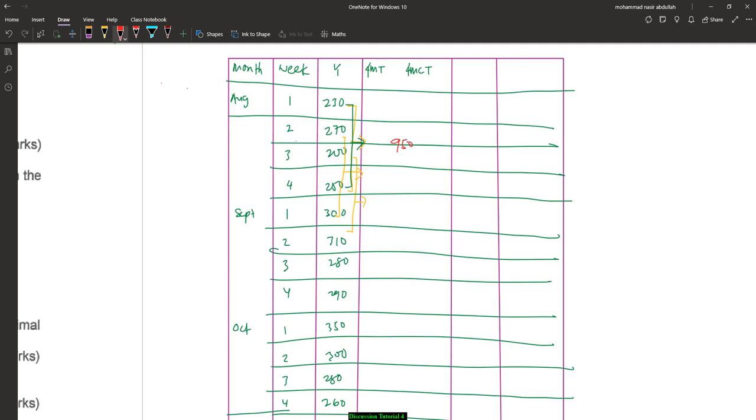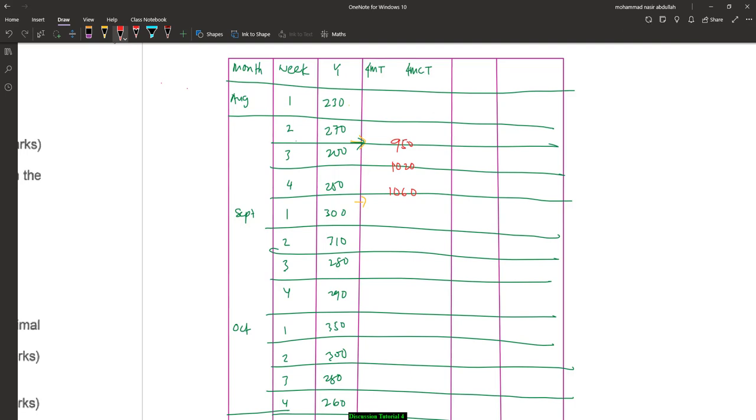So this one 1020. Is it correct? Yes sir. Alright. Good. So 200 plus 250 plus 300 plus 310. This 1060, right? Betul? Betul sir. Okay.